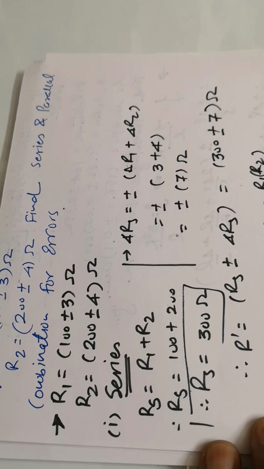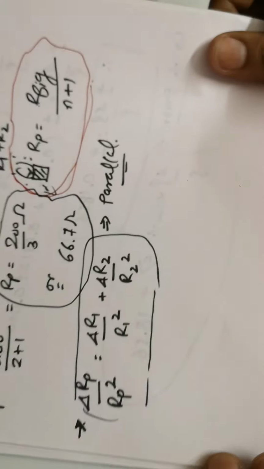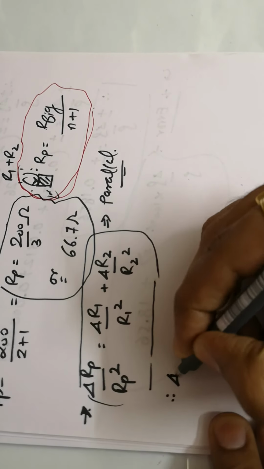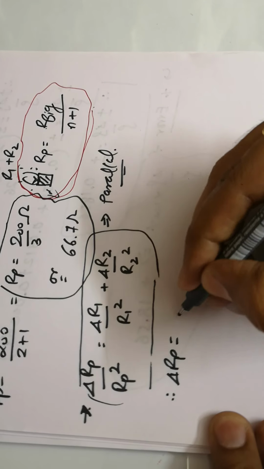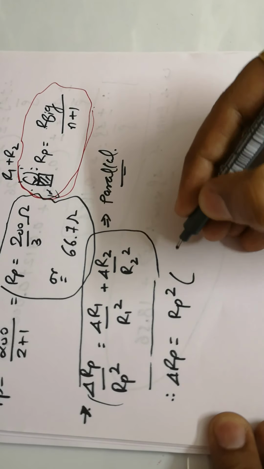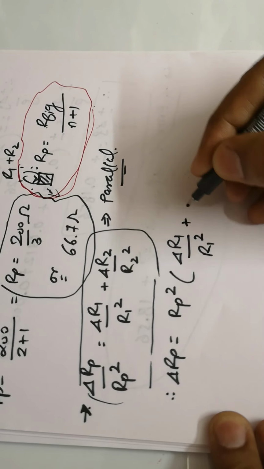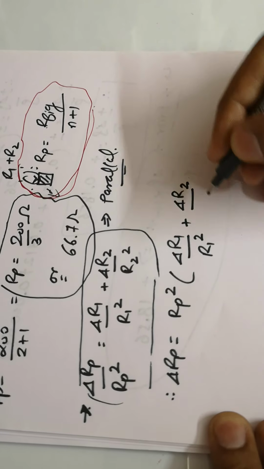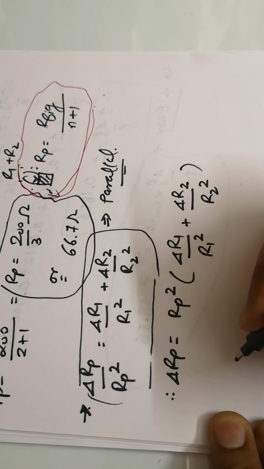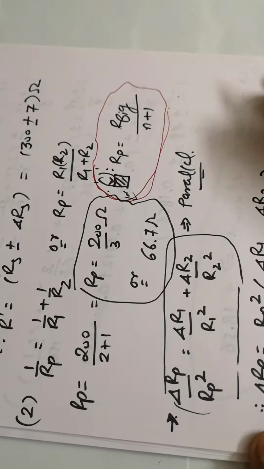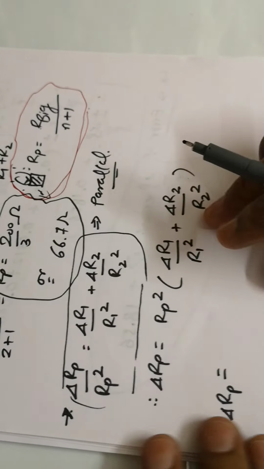Be careful, in the denominator it is containing the square, that is why this example is very much important. Delta Rp is equal to Rp square times delta R1 divided by R1 square plus delta R2 divided by R2 square. I am just putting that Rp square is 66.7 square.